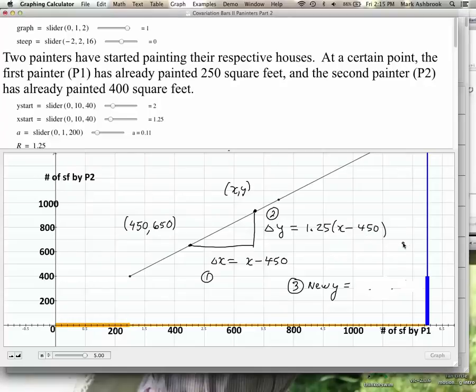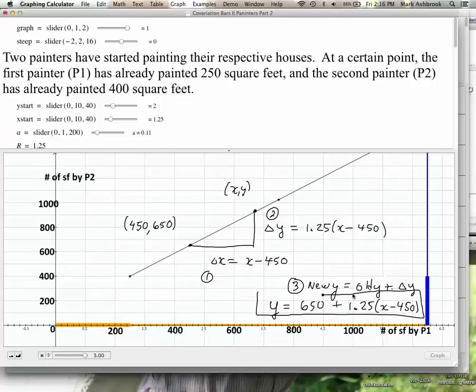Please call them out as soon as possible so I don't dig too deep of a hole. Okay? Are we good? New y equals old y plus change in y. What's the old y? Plus? Don't miss this. We're going to need this.